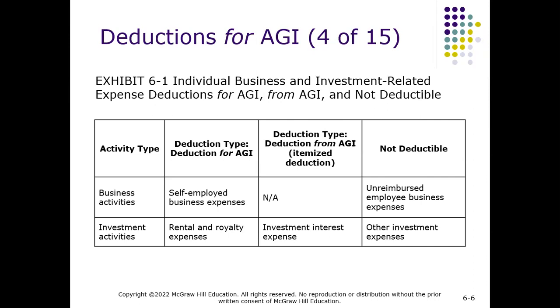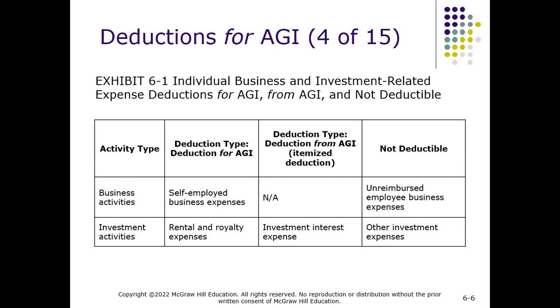And then the profit or loss will be transferred to the 1040. What is not deductible in this category is business expenses related to being an employee. We used to be able to deduct them on our tax return. We're not allowed to deduct them at all anymore.